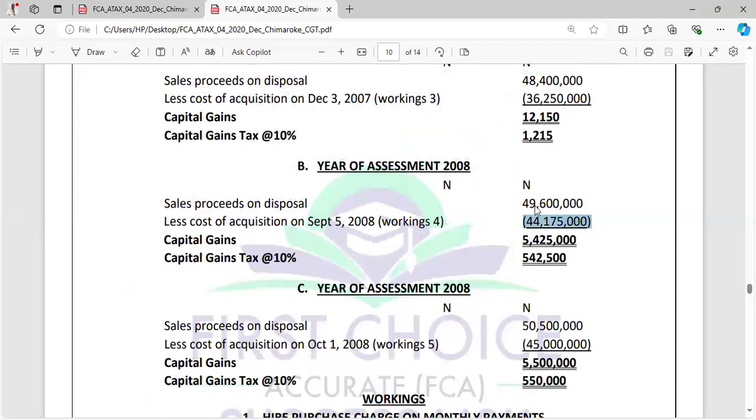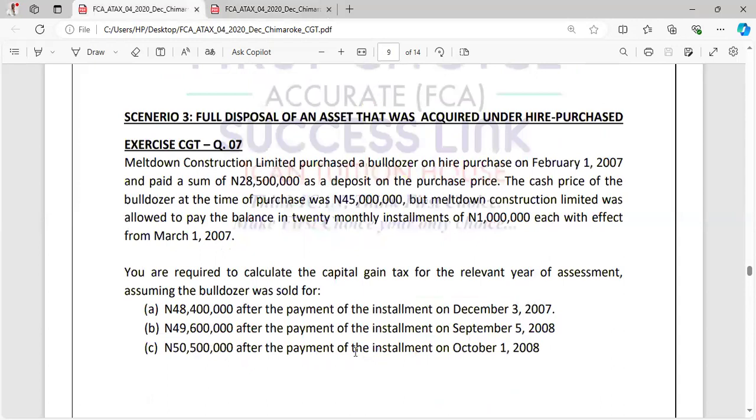When you remove it from 49,600,000, we have 5,425,000. And when we apply a tax of 10%, we have 542,500.